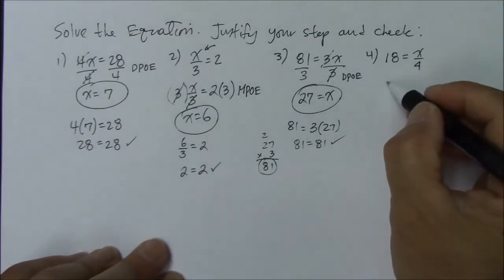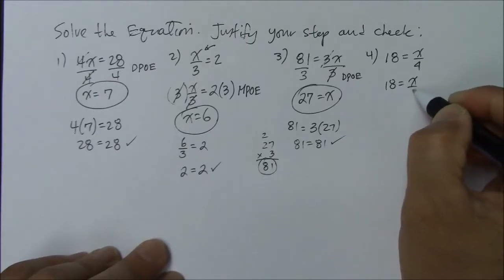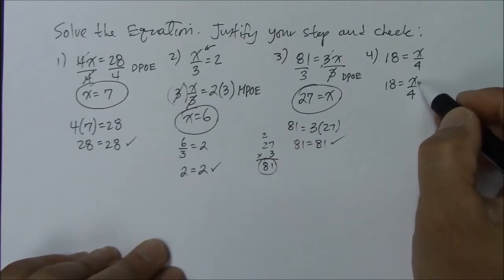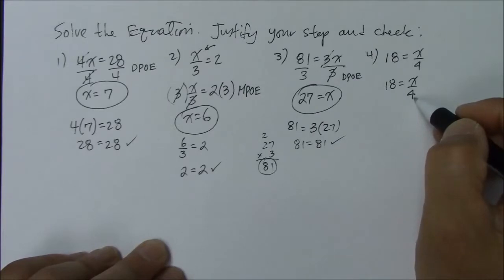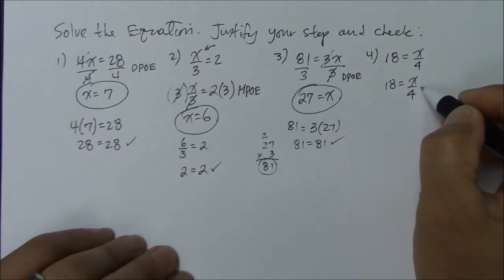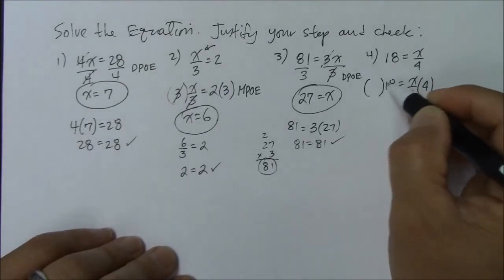And finally, let me write this one again because I'm going to need some extra space. Since the x is being divided by the divisor 4, I'm going to do the inverse, which is multiply 4 to both sides of the equation.